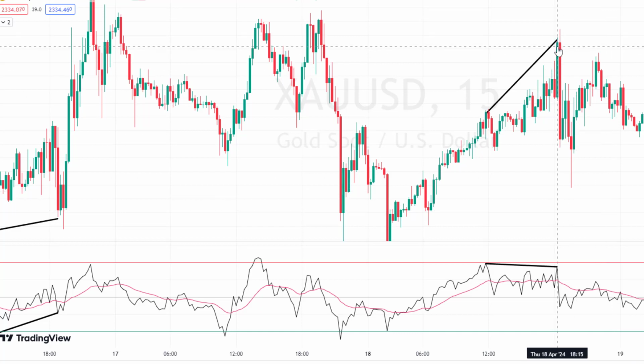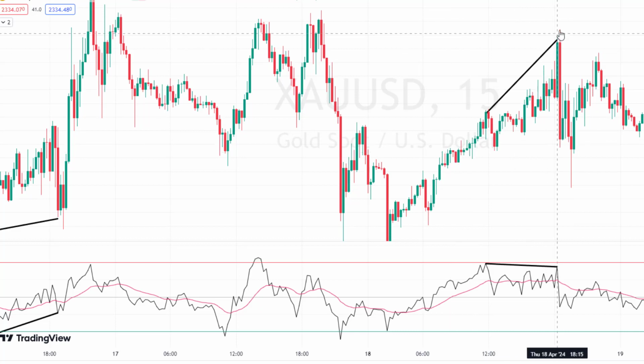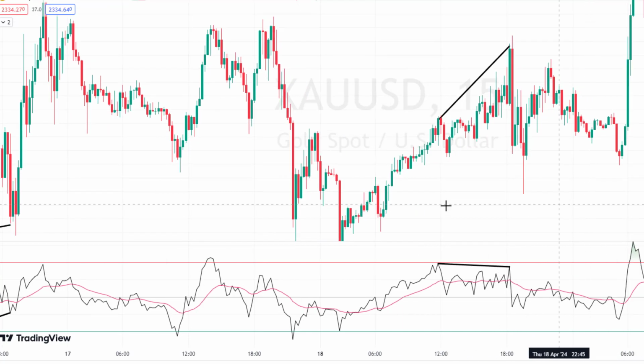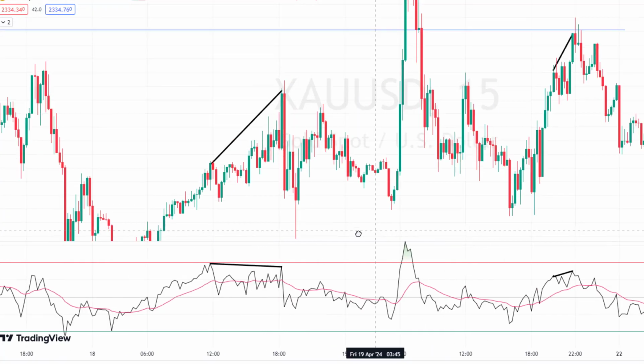After this big green candle we could take this sell trade up to this order block level. So this is another sell trade with the help of the RSI indicator.